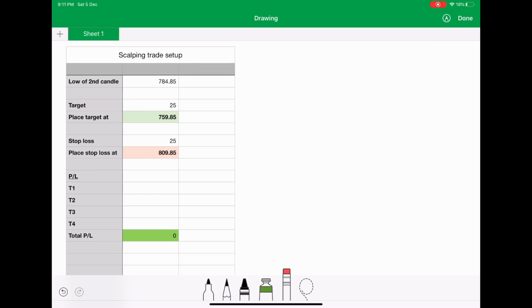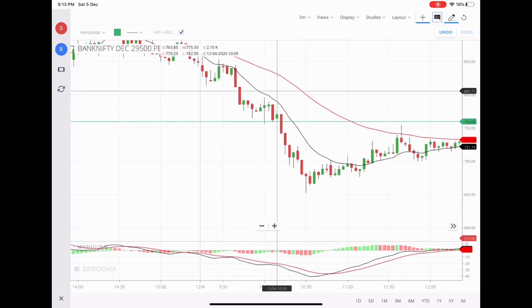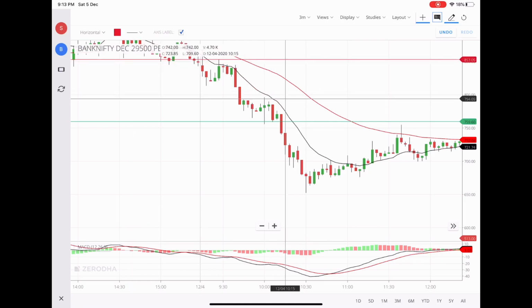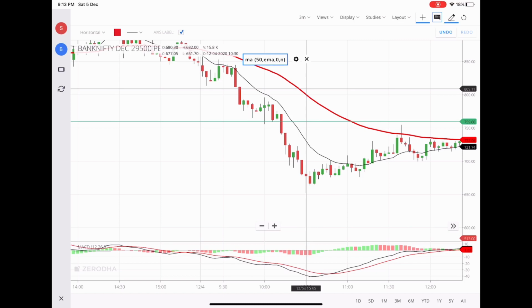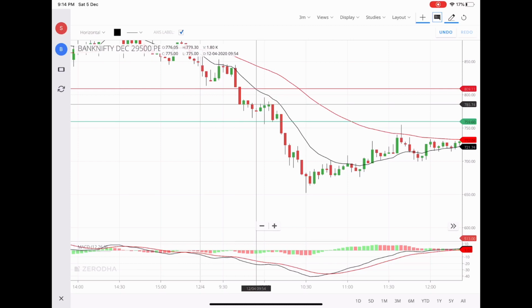We should place the target at 759.85 and the stop loss at 809 somewhere here, and we enter the trade at the bottom of the candle. We achieved our target of 25 points within 15 minutes.